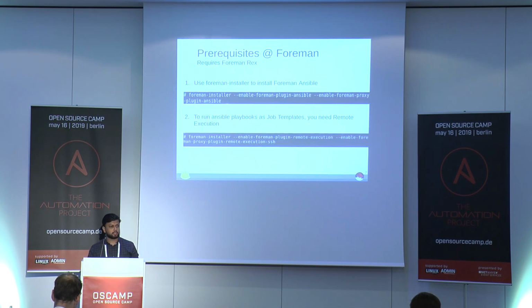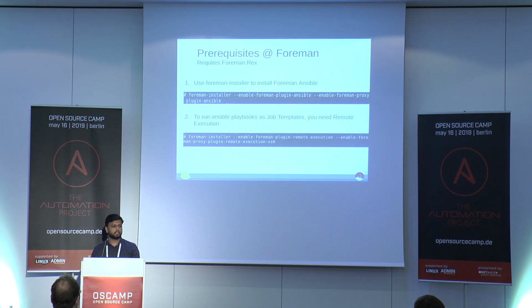So what prerequisites do you need in the Foreman? Basically, Foreman needs Rex to be enabled on your server. It's a simple command. First, you need to enable the plugin for the Foreman using foreman-installer --enable-foreman-plugin-ansible, and also on top of your smart proxy.